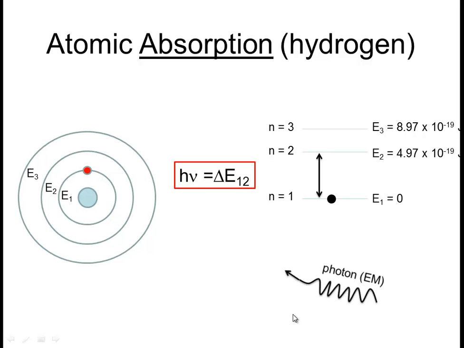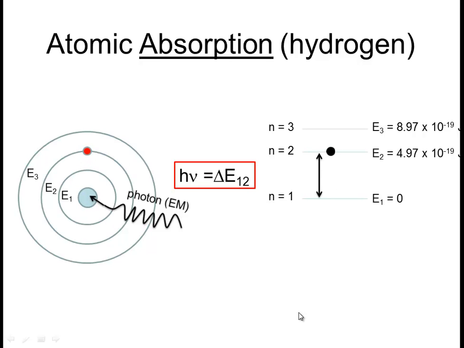So here comes Mr. Photon, and indeed we were able to deliver just the right amount of energy, and so we promoted it from the ground state, which is the lowest energy level, up to E2, which is one of the excited states.